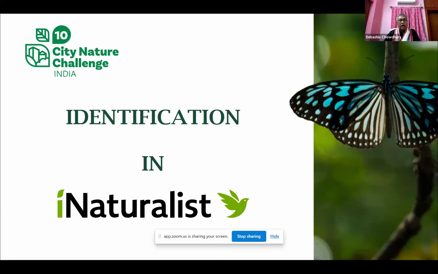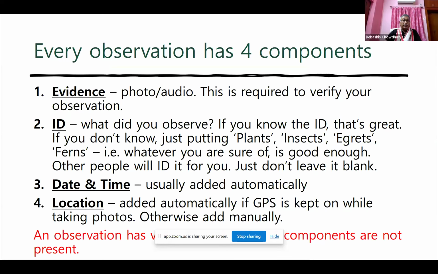So, identification in iNaturalist. As we already know, firstly you have to make an observation. Every observation has four components. First, evidence, a photo or audio. This is required for verification of the observation by the community. Then comes ID. What did you observe?